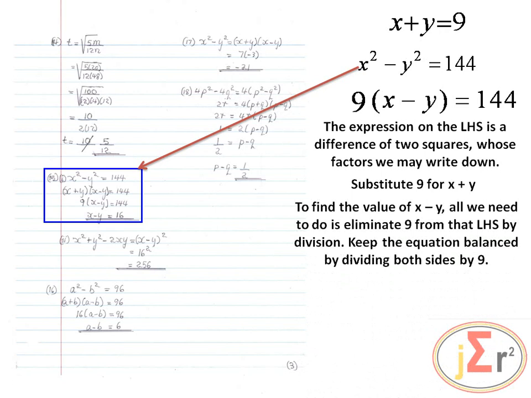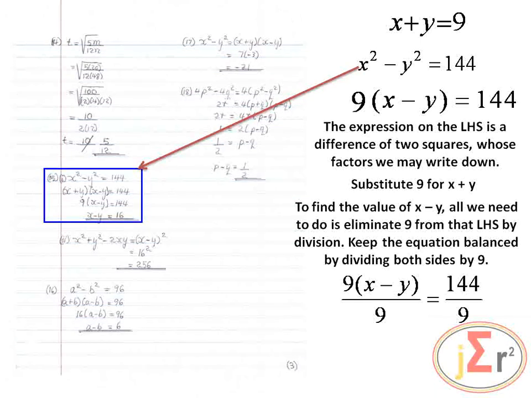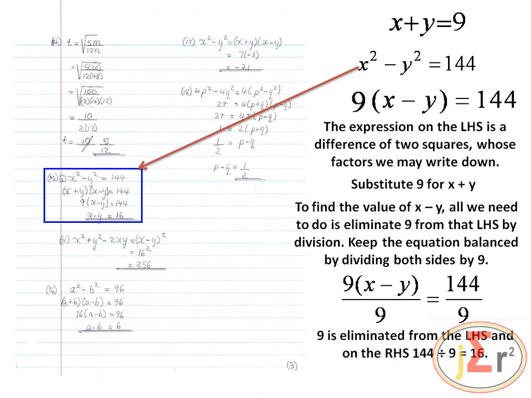To find the value of x minus y, all we need to do is eliminate 9 from the left hand side by division, keeping the equation balanced by dividing both sides by 9. 9 will be eliminated from the left hand side, and on the right hand side 144 divided by 9 is equal to 16.